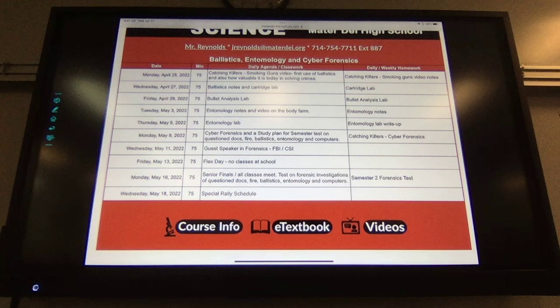So on the last class, we looked at catching killers, ballistics, and you learned that a bullet coming out of the barrel of a gun can be tied to the weapon, and that is really described as the fingerprinting of guns. I mean, it's that accurate that it can ID a particular murder weapon used at the crime.